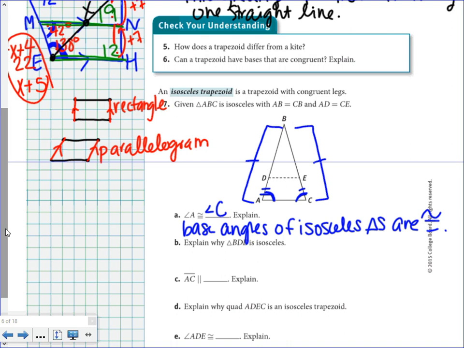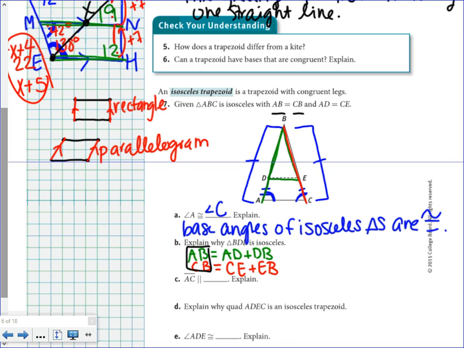So now, how do we know that this smaller triangle, BDE, is an isosceles triangle? And the reasoning there, we know that side AB is composed of segments AD and DB. And we also know that side CB is composed of segments CE and EB. Then, using substitution, we know AB and CB are the same thing.